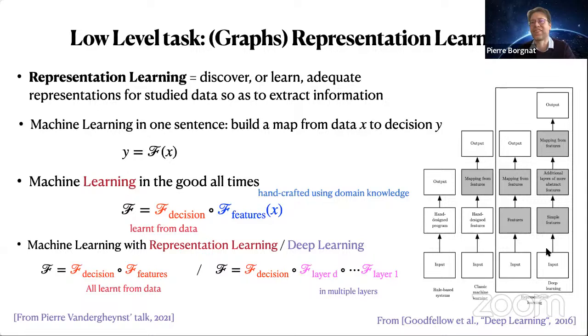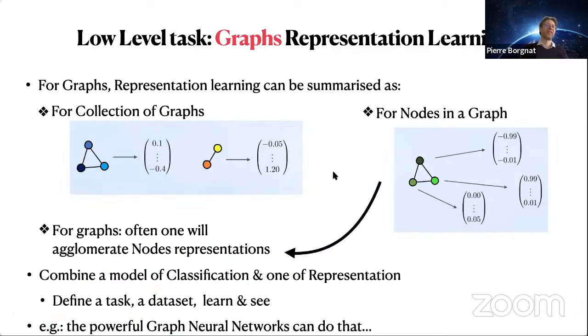And here I've taken the figure from the book of Goodfellow, and it is something that is, I guess, well known to all of you. And so for graphs, we have exactly the same thing. We can represent nodes in the graph and give an embedding for each node, or we can try to design a way to embed the graph globally, again, as a Euclidean vector in some space.